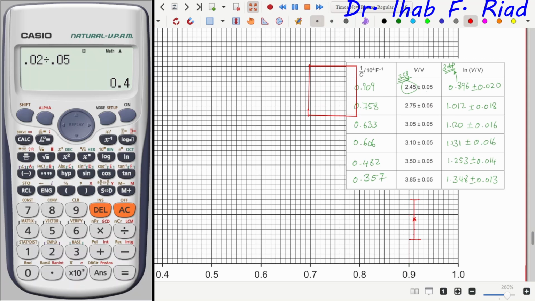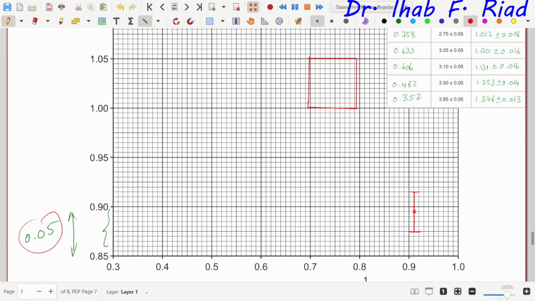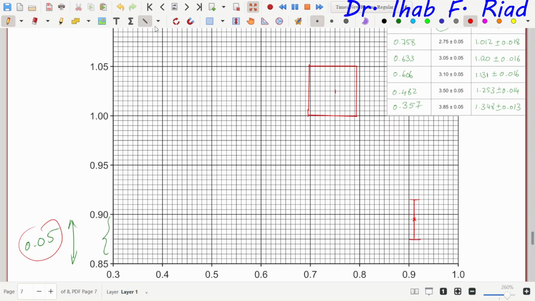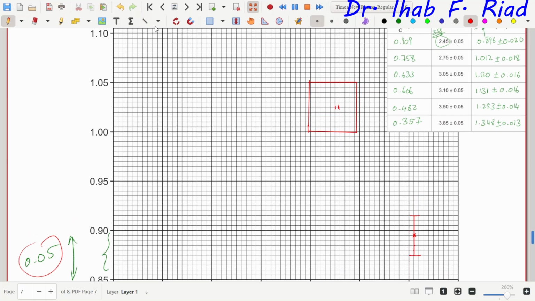Let us do that. This is 0.75, right? And it is going to be around here. This 0.76 is around here. Okay, what about the y?